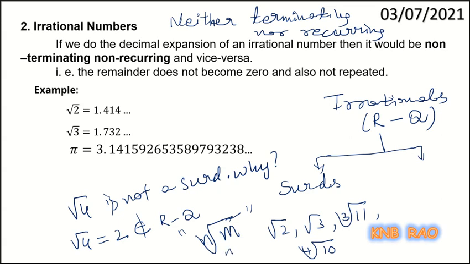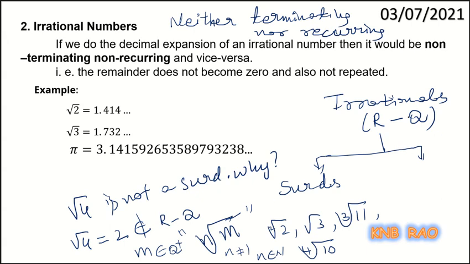Here we call it the index. So the minimum is 2. This m is called the radicand, n is called the index. You will come to know this in a proper way later.